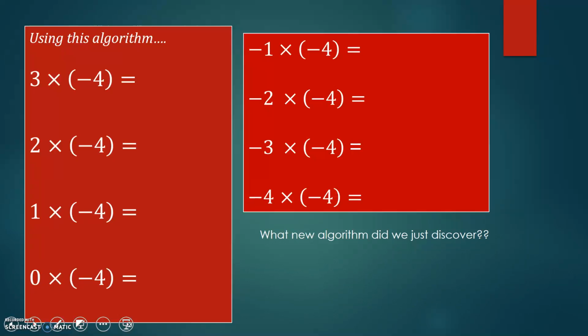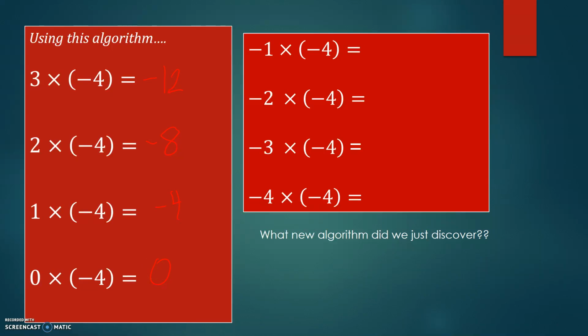So if we continue that algorithm of a positive times a negative, 3 times negative 4 would be negative 12. 2 times negative 4 would be negative 8. 1 times negative 4 will give us negative 4, and 0 times negative 4 would give us 0.